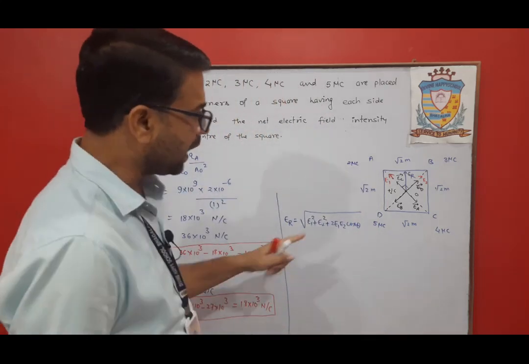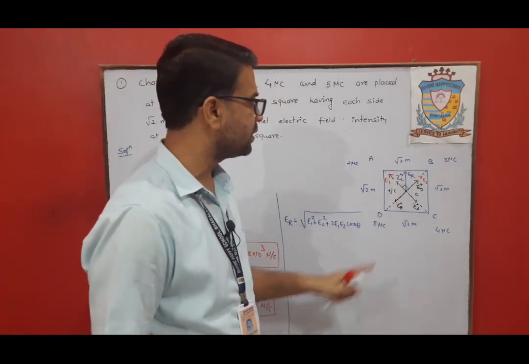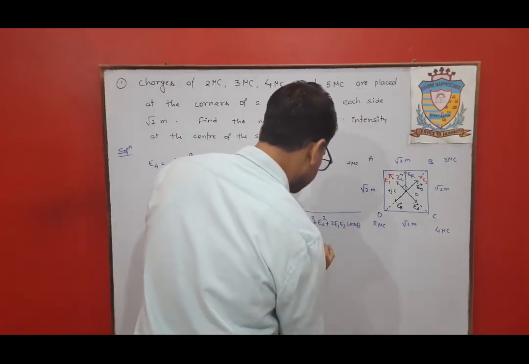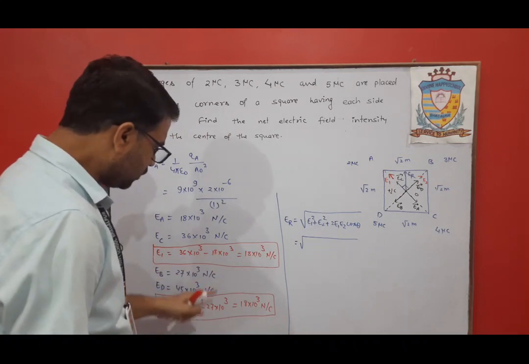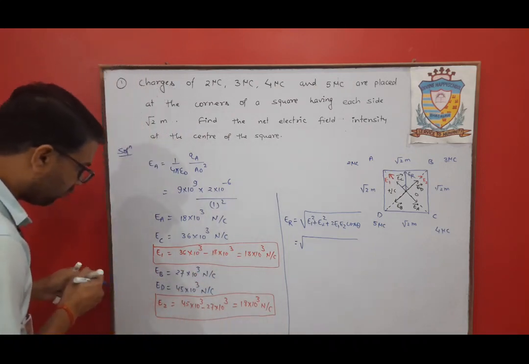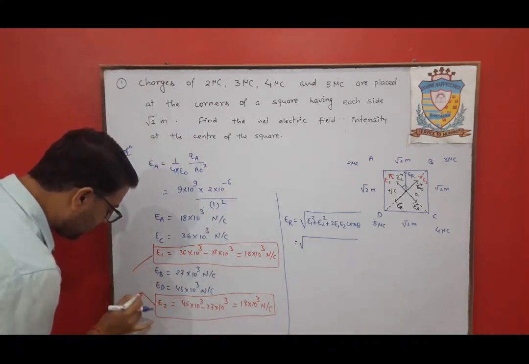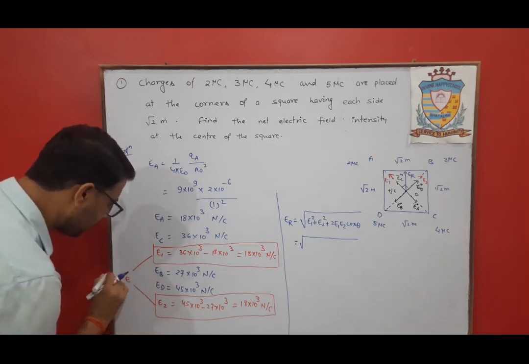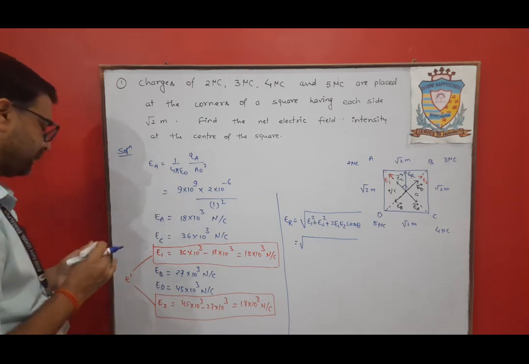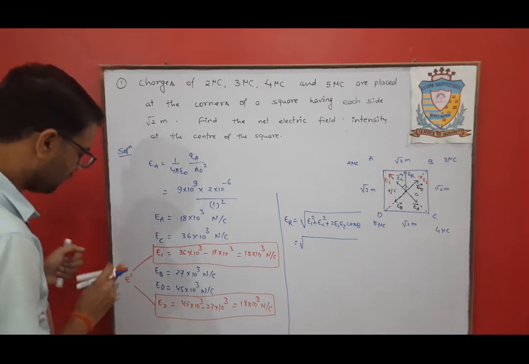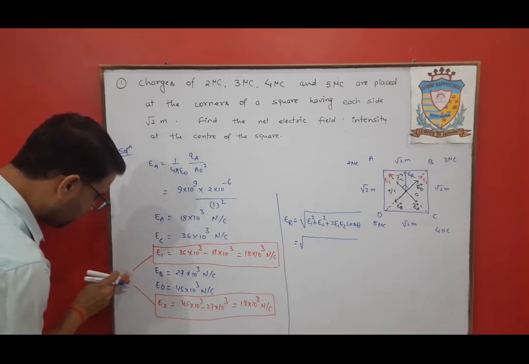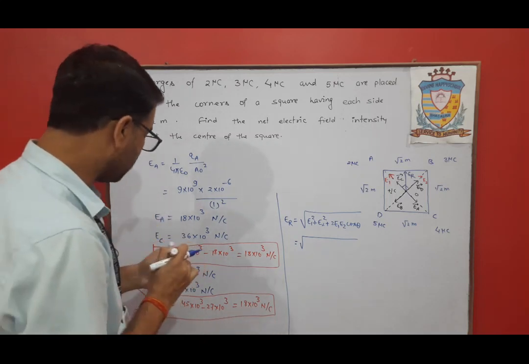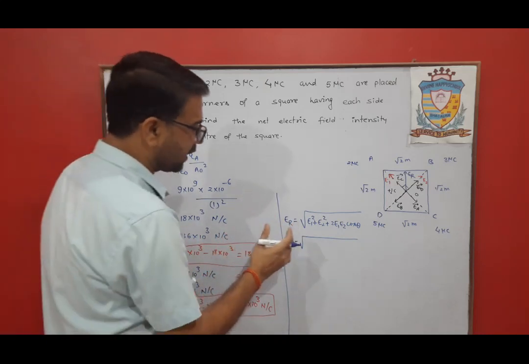And we know that the angle between E1 and E2 is 90 degrees. Since these two magnitudes are the same, for simplification, in place of E2 we can take E1.